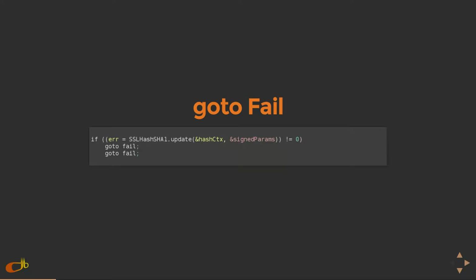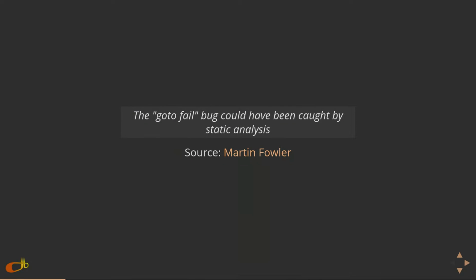So in 2012, this code was released in iOS and OS X. What this ended up causing is the ability for a man-in-the-middle attack on any SSL or TLS connection on an iOS device. Basically, that meant you could listen in or hijack that connection. This was not fixed until February of 2014, 17 months after it was introduced. This was something that could have been caught by static analysis.